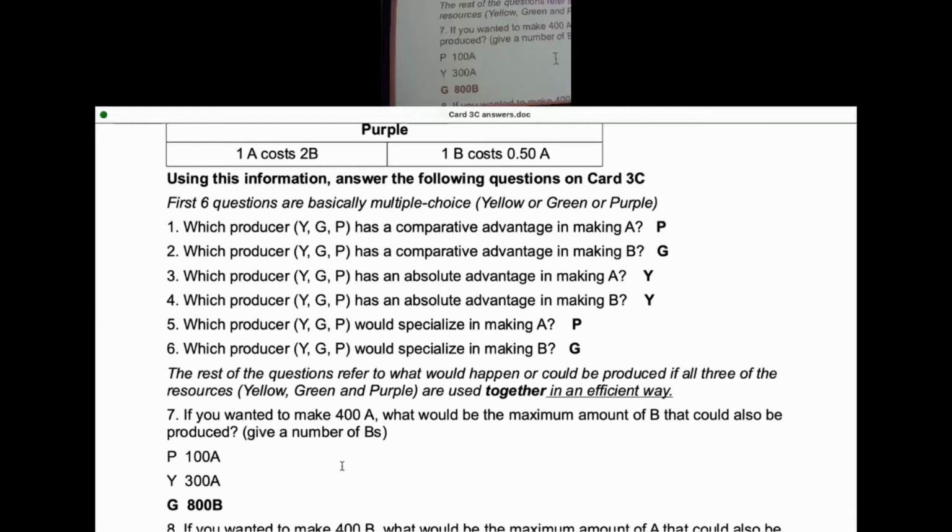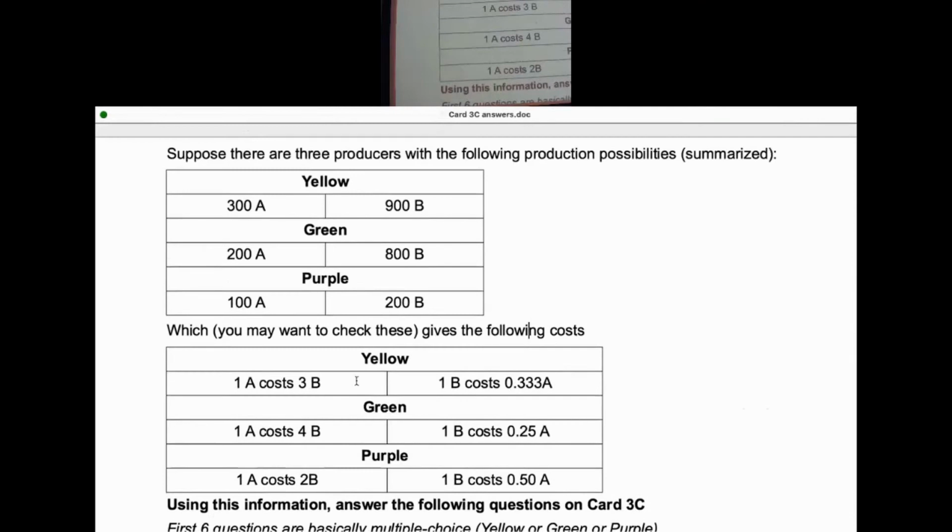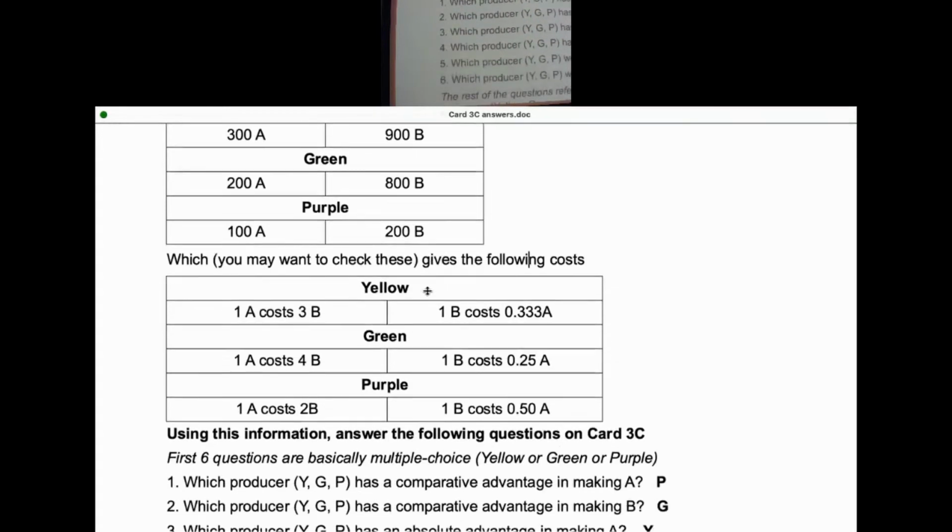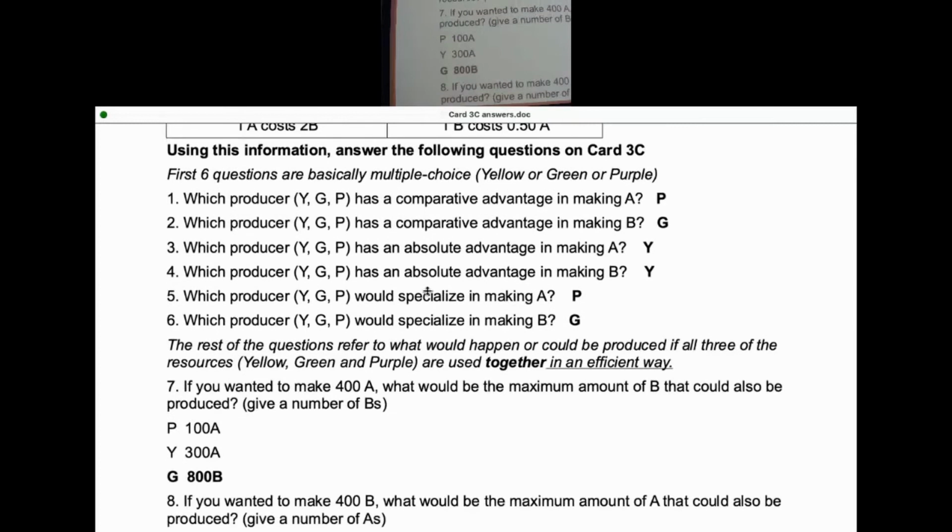For example, if you want 400 A's, you could have yellow make some A, and have green make some A, and then just have the leftovers, green spending half their time making B, and purple spending all their time making B. But that wouldn't give you the most that you could get. That was just one example. There's nothing special about that.